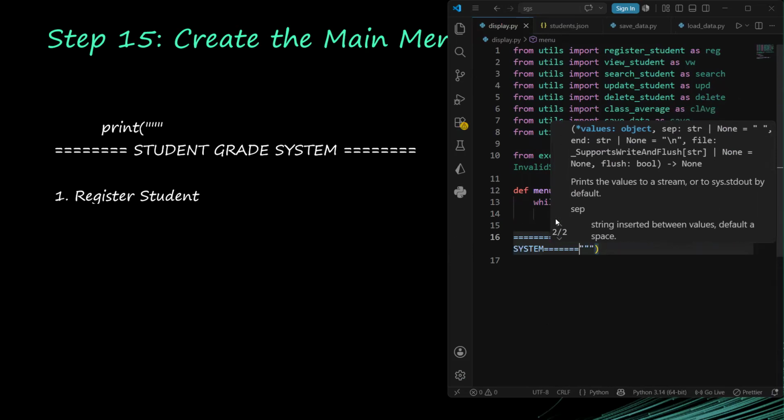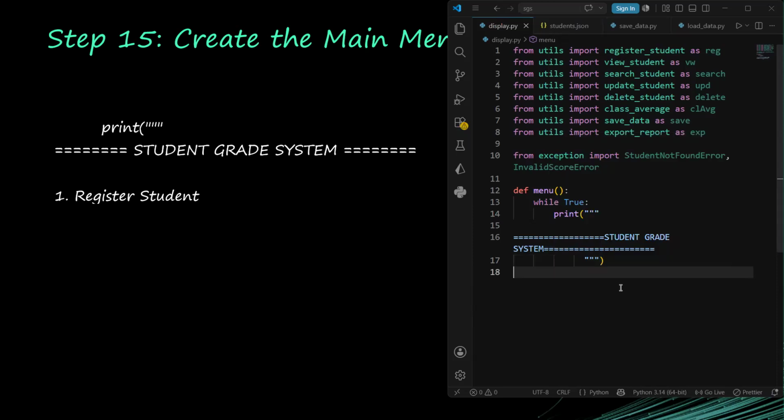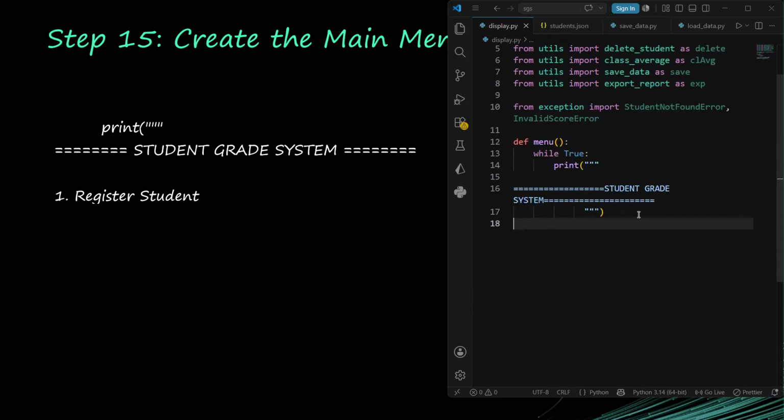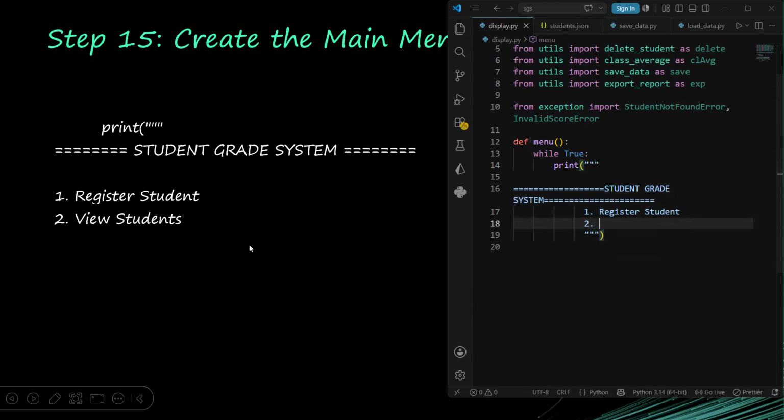And then I also want to have this. Now this should be inside of here, please. So number one is, if you select one, register student. If you select two, let's see what two is.